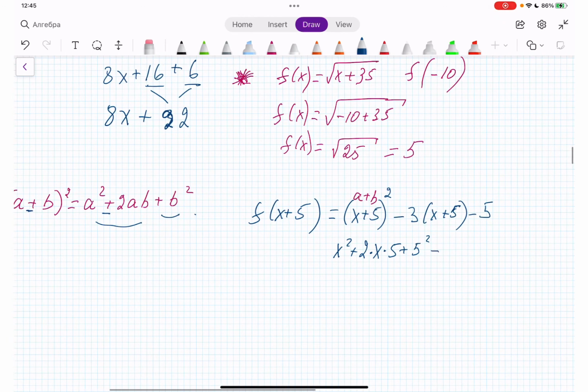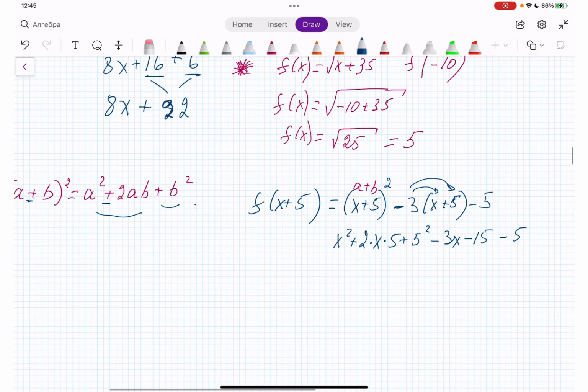And minus, now this one I have to distribute, 3 times x and 3 times 5. Negative 3 times x is negative 3x. Negative 3 times 5 is going to be negative 15. Be careful, when you have negative, it's going to change the sign in the parentheses, and minus 5. So what do we get? X squared plus 2 times x times 5 is going to be 10x plus 25 minus 3x minus 15 minus 5.